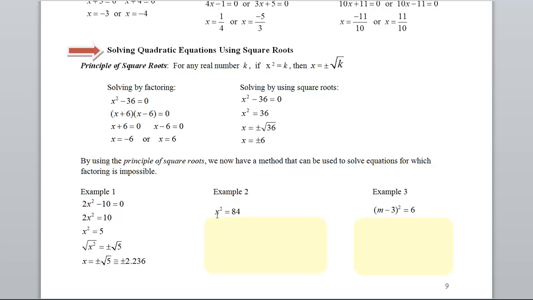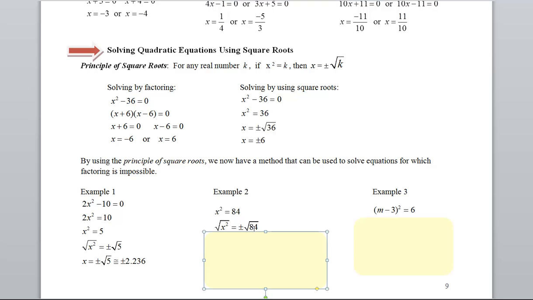So in this one, my x squared is already by itself. So go ahead and take the square root of both sides, remembering plus or minus. Now the thing about square roots, especially when you have a larger number, is you might have a number that contains a perfect square factor. So here, if you look at 84, naturally I would think of 4.